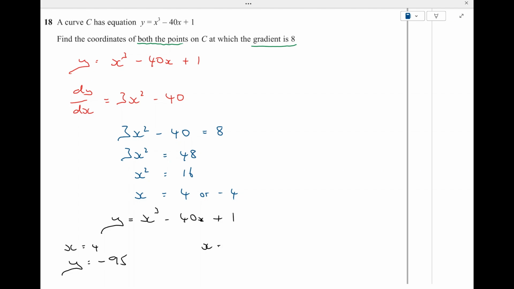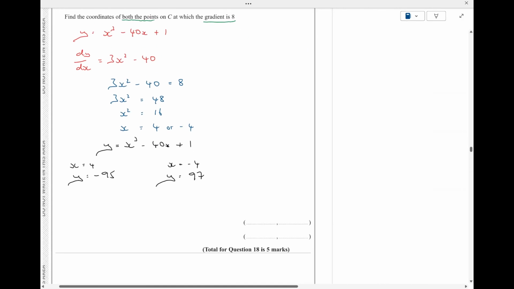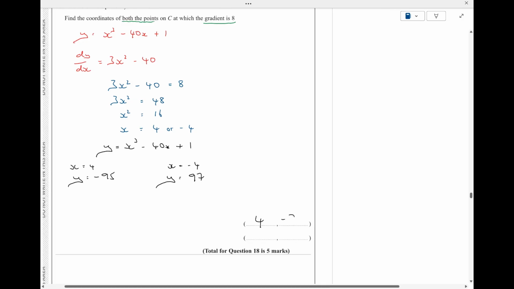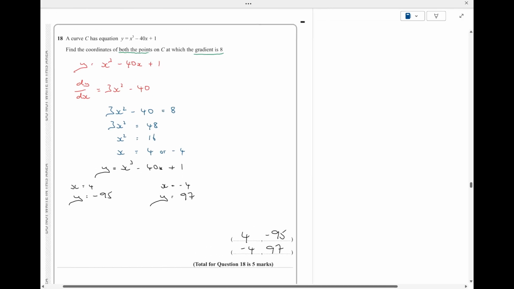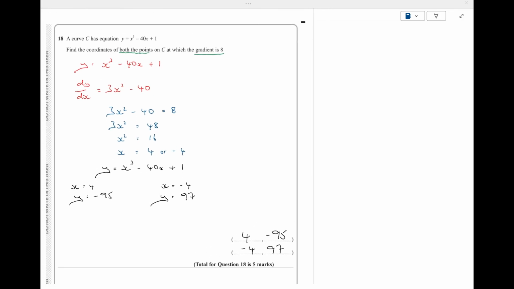And if x equals minus 4, to be careful with my signs here, then I'm going to have open bracket minus 4 close bracket cubed, minus 40 times minus 4 plus 1 gives me 97. So the coordinates of my 2 points are 4, minus 95 or minus 4, 97. That's question 18 sorted.